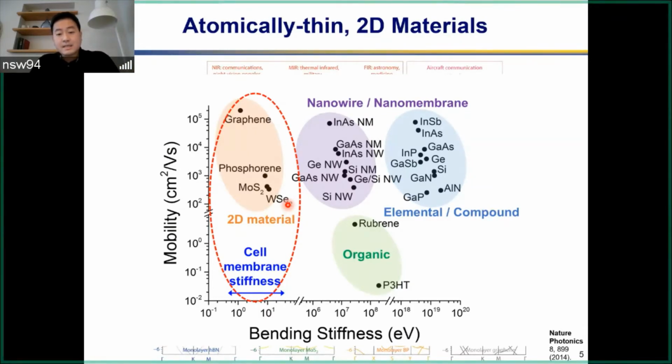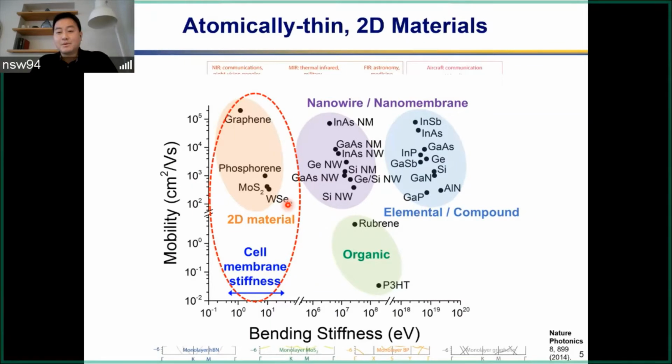My x-axis is the mechanical bending stiffness, right? How easy it is to bend a particular material. And so here we look at the materials that people have been working on in the research space of nanomaterials in the past decades or more. Here I'm showing you nanowires, nanomembranes, organic semiconductors.